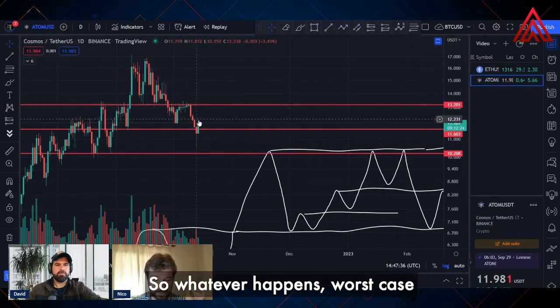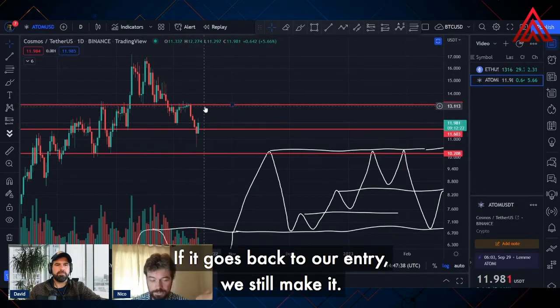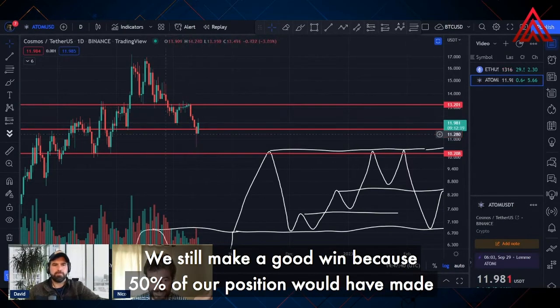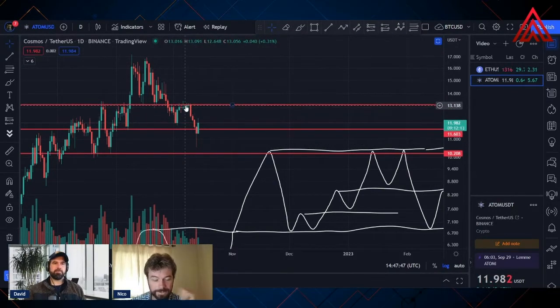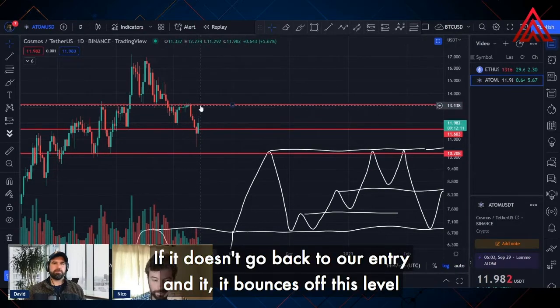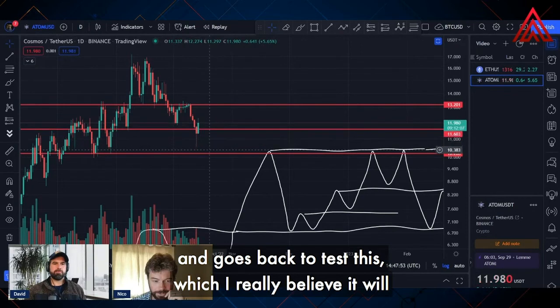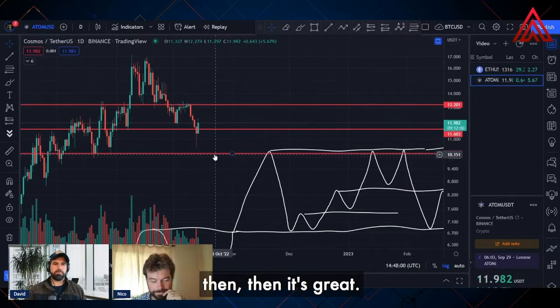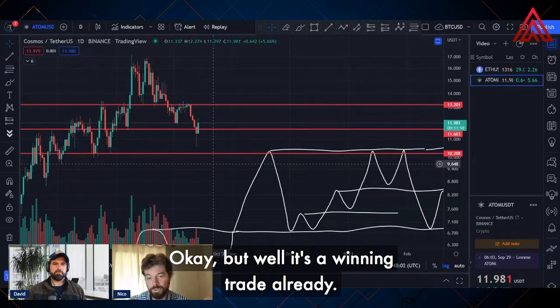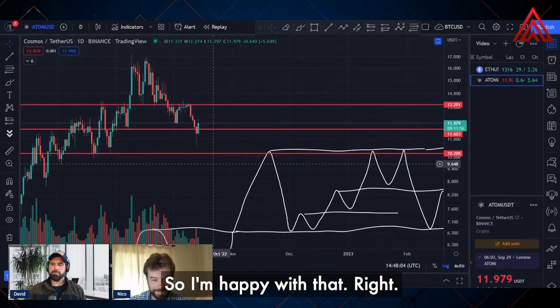So whatever happens, worst case, if it goes back to our entry, we still make a good win, because 50% of our position will have made a 10% win. If it doesn't go back to our entry and bounces off this level and goes back to test this, which I really believe it will, then it's great. But it's a winning trade already, so I'm happy with that.